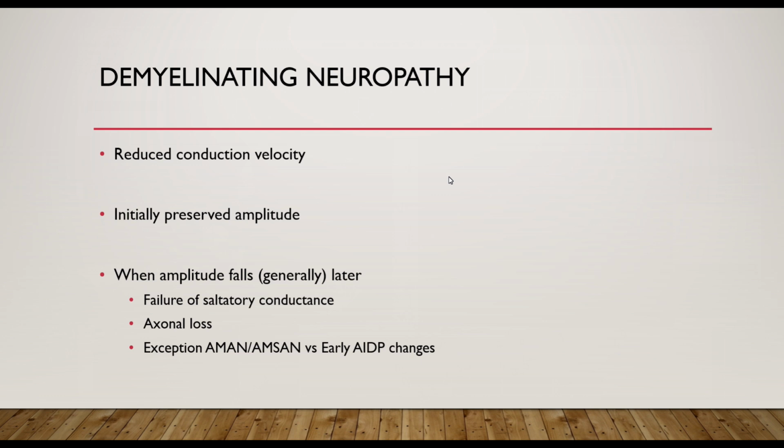for AMAN, acute motor axonal neuropathy, or AMSAN, acute motor and sensory axonal neuropathy, versus early Guillain-Barré. Sometimes one can have very distal conduction block, and that can look like an AMAN or an AMSAN. And in terms of prognosis, one often has a poorer prognosis with those entities.